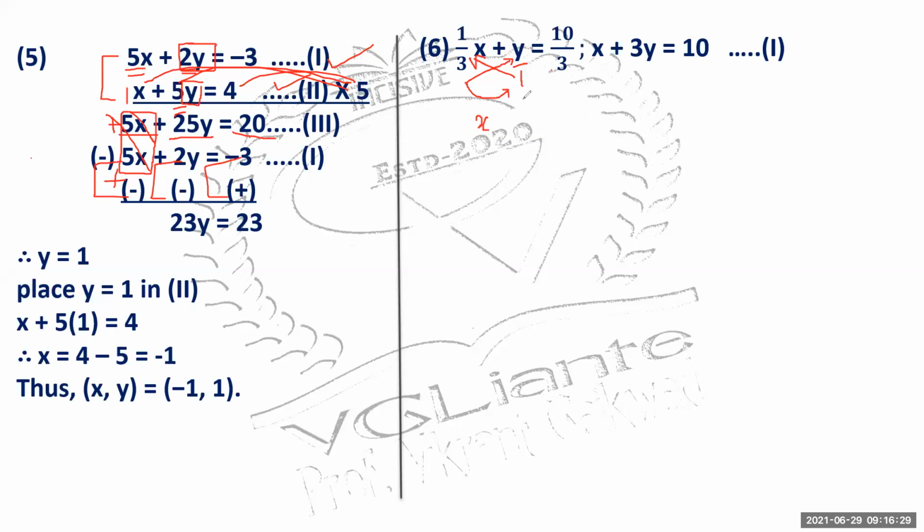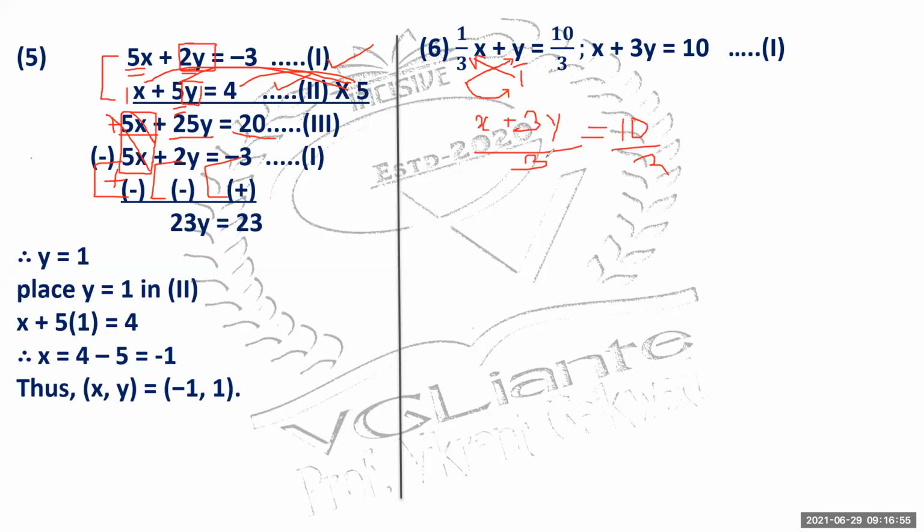Your equation would be rewritten as x plus 3y upon 3 equals, the other side remaining unchanged, 10 upon 3.